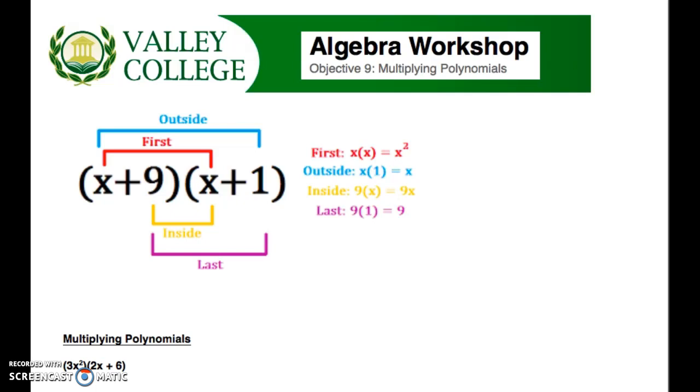If you have a binomial, which means two terms, and I'm multiplying it by another binomial, you'll see this a lot in algebra, a binomial times a binomial. The rule that is often used is called FOIL: first, outside, inside, last.